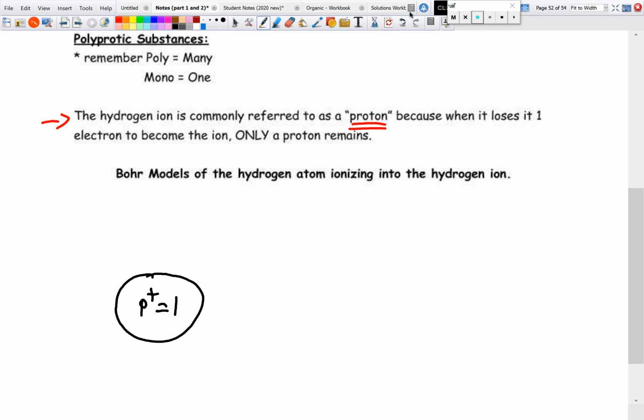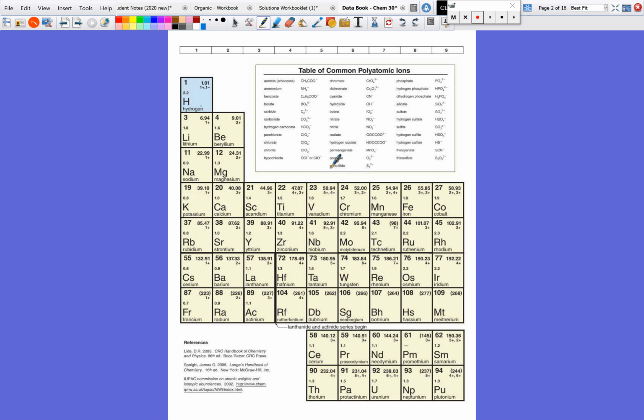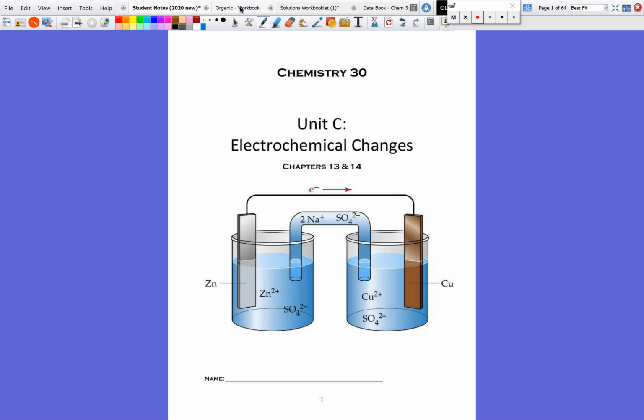If we look at the periodic table, hydrogen is right here with an atomic weight of 1.01, so we can round that to 1, which means it only has one proton, because that's the only weight it has. If it had a neutron, then it would be 2 point something. So that's why we can just say that it has no neutrons whatsoever.